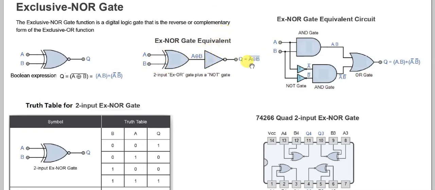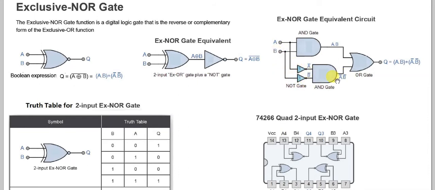This is the equivalent circuit diagram for it. We have two inputs, A and B, fed to an AND gate, and we get AB. Then we need A complement and B complement, so we put a NOT gate for A complement and another NOT gate for B complement. Then we get an AND gate output, which is A complement B complement.